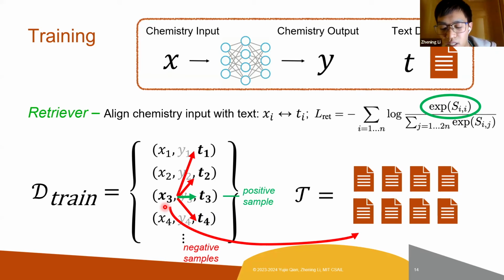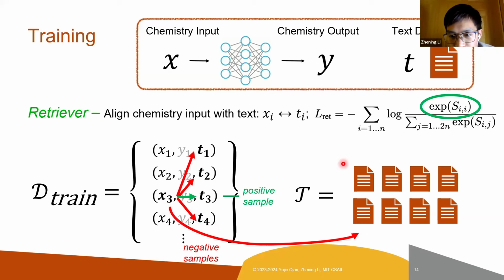So that is the positive sample. And everything else is considered negative sample. So this includes all the other text paragraphs within the labeled training set, because all of these text paragraphs do not directly describe the input reaction.